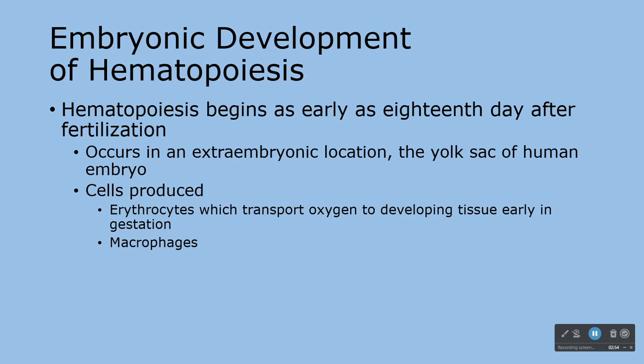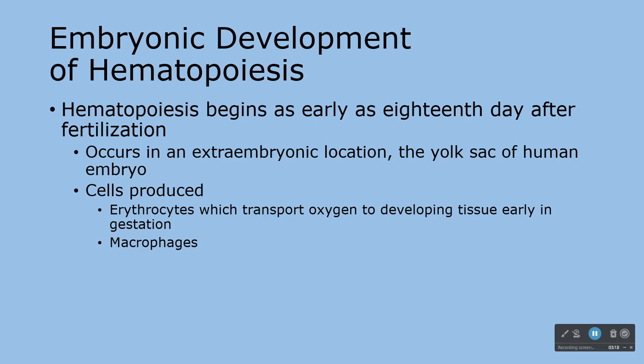Okay? So the very first cells that are formed in the embryo are the red blood cells. Okay? So during fetal development, of course, you got your uterus, okay? Uterus is kind of a pear-shaped organ, okay?